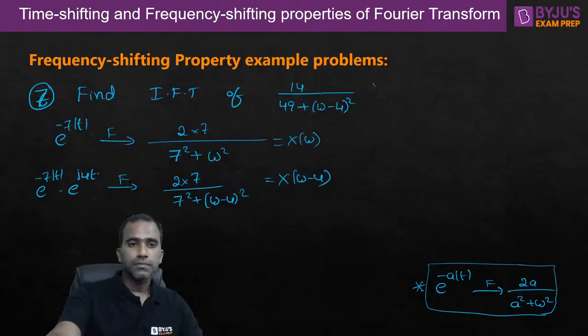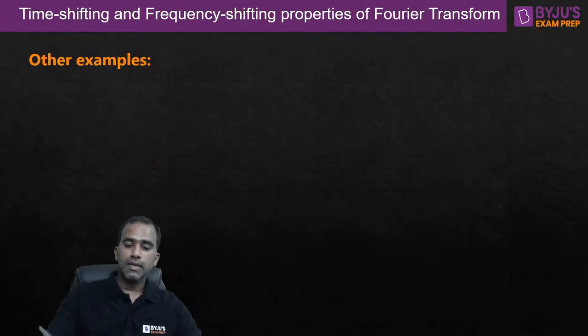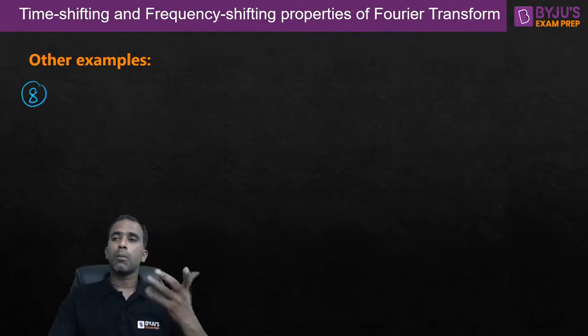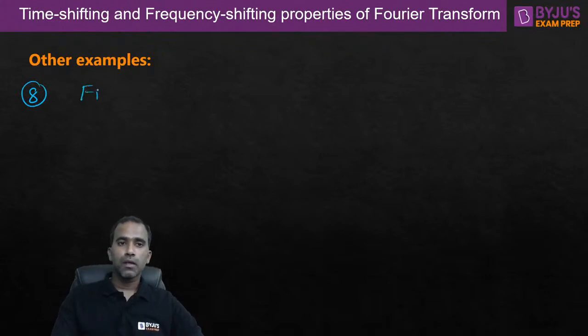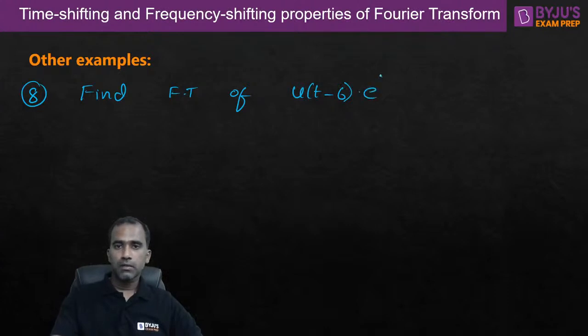Okay, very good. Right. So let's take some other examples. When I say other examples, I want to mix these two properties together. Find the Fourier transform of u of t minus 6 into e power j7t.